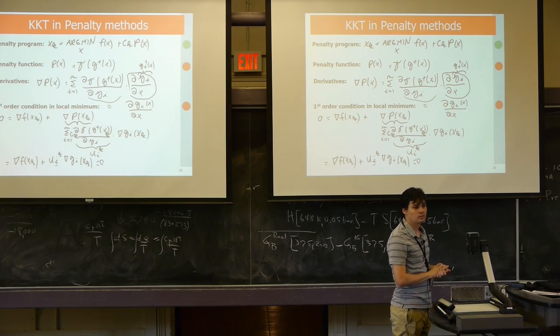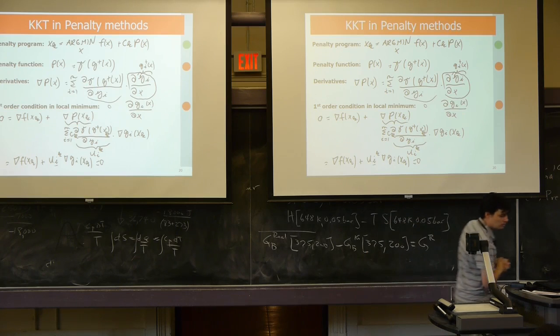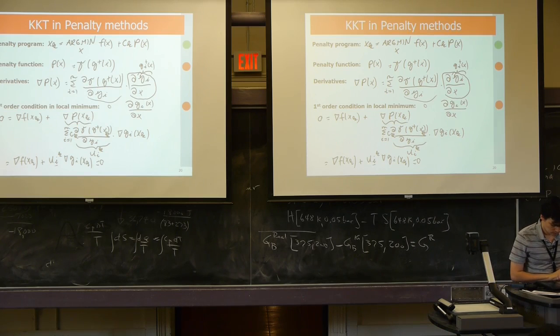Local minimum, not global minimum. First order condition. Right, yes. Why is it a local minimum, not a global minimum? I mean, it's just a general statement that we had this function here, and it might not be convex, right?